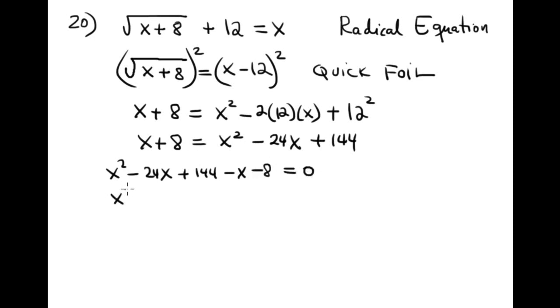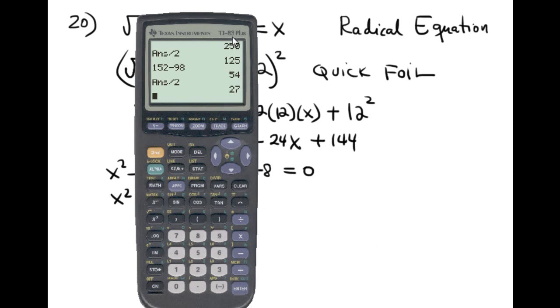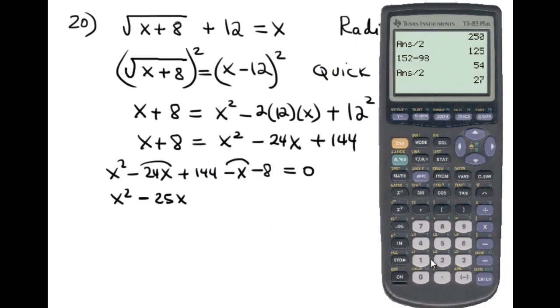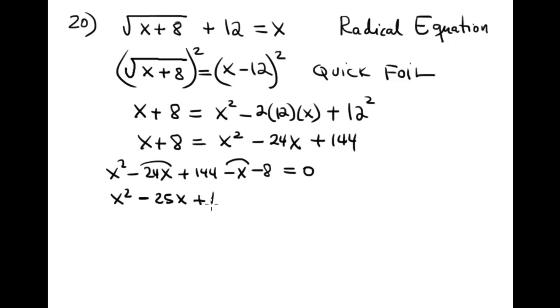So x squared minus 25x, because 24 and negative 1 is 25, and 144 minus 8 is 136, plus 136 equals 0.